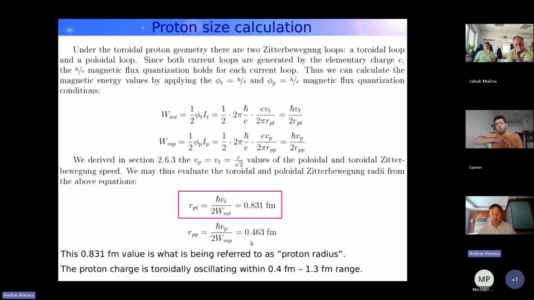Also, if you consider this poloidal radius, it means that the actual proton torus structure ranges from 0.4 to 1.3 femtometer, and this range is compatible with the scattering measurement results that I showed you before. So this is then the essence of our proton calculation.